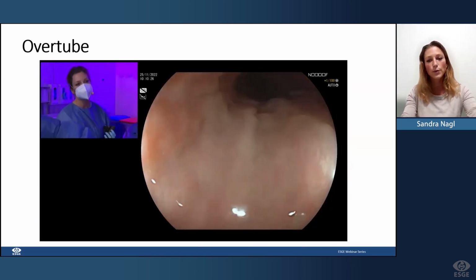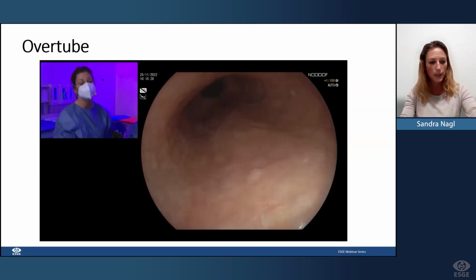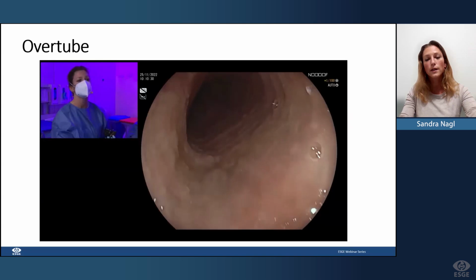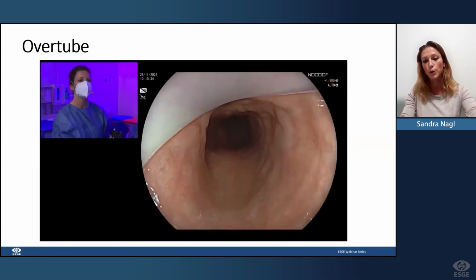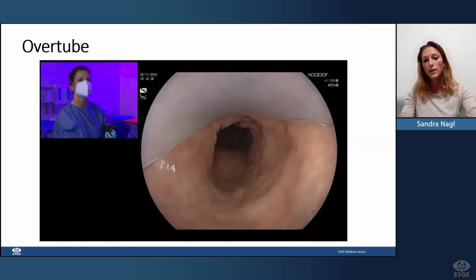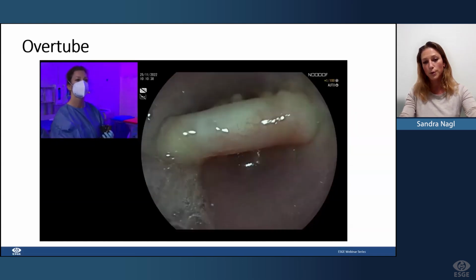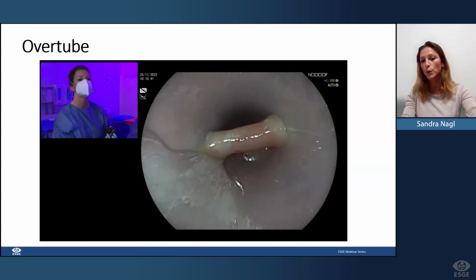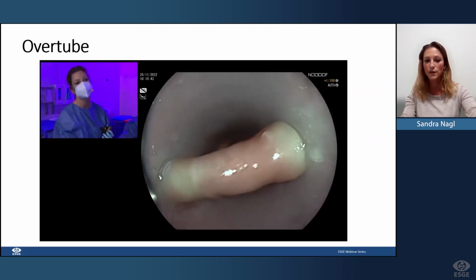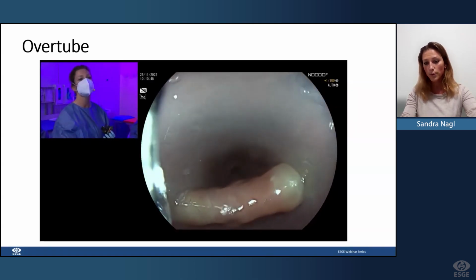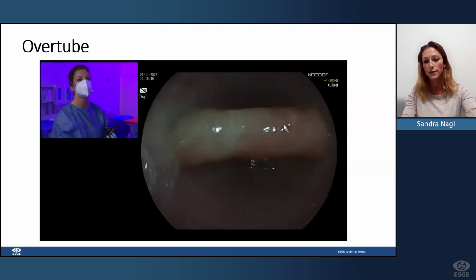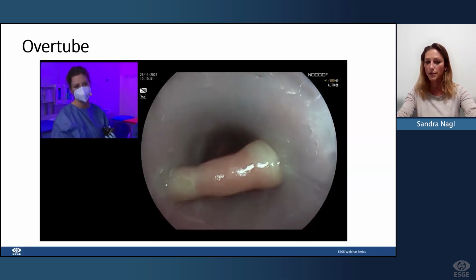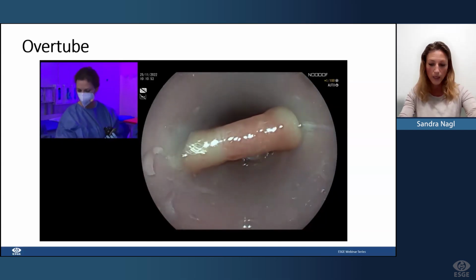Then you slowly withdraw your scope from the stomach, and you find the longer lip of the overtube in the esophageal lumen with a nice exposure of the septum just in between the two lips of the overtube. This gives you a really stable position. Here at the 12 o'clock position, you have the entrance into the esophagus. At the 6 o'clock position, the entrance into the diverticulum.